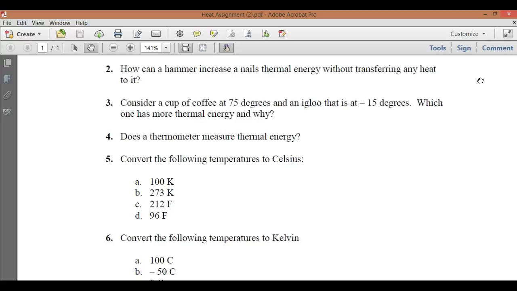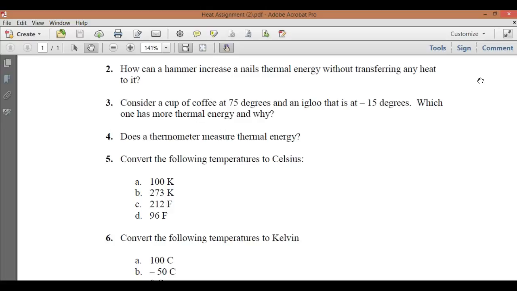B, you have minus 50 degrees Celsius plus 273.15 Kelvin. And that will give you 223 Kelvin. No decimal places because there are no decimals in the original equation.